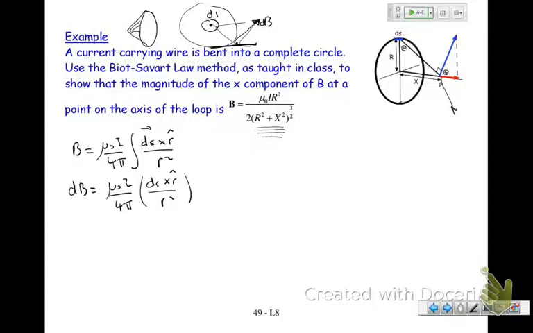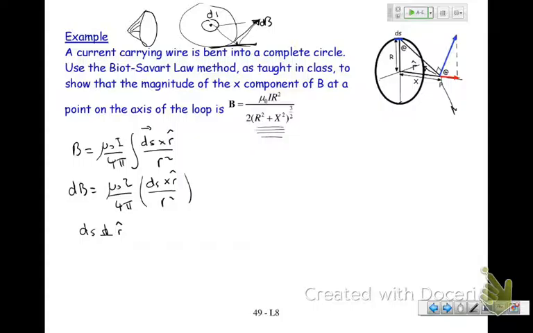Then I turn around and say, okay, let's have a look. I'm just trying to finagle my way through this. ds, where's my r hat? My r hat is there, isn't it? So that means ds is perpendicular to r hat.